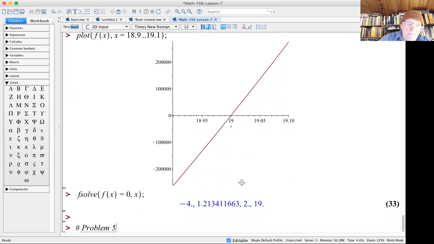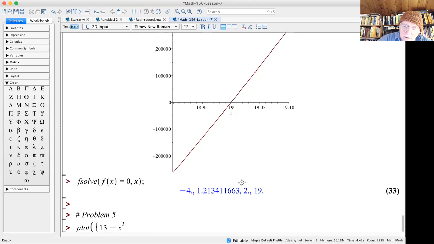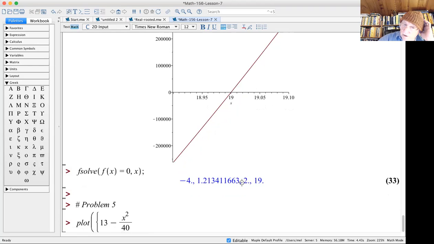Problem 5, we want to plot two curves. So plot, and in curly brackets, one of them is 13 minus x squared over 40.